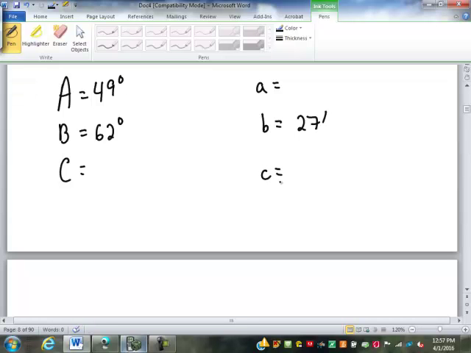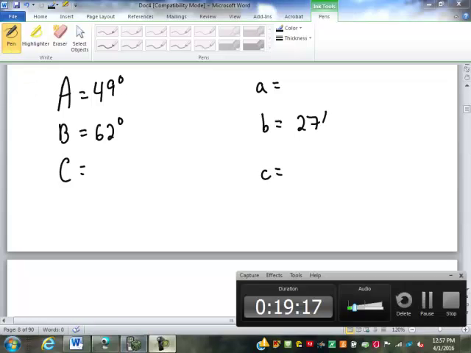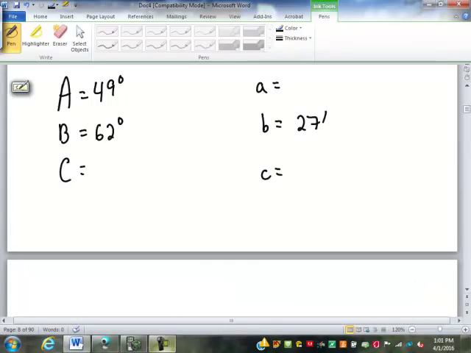In your notes, find the missing parts of this triangle. Big ones are always angles, little ones are always sides. So, we've got B, 27 feet over angle B, so sine of 62 degrees.